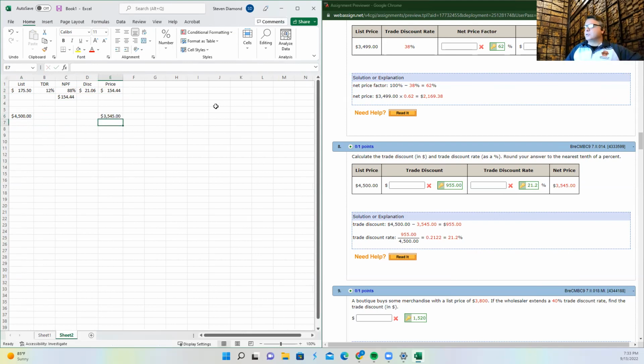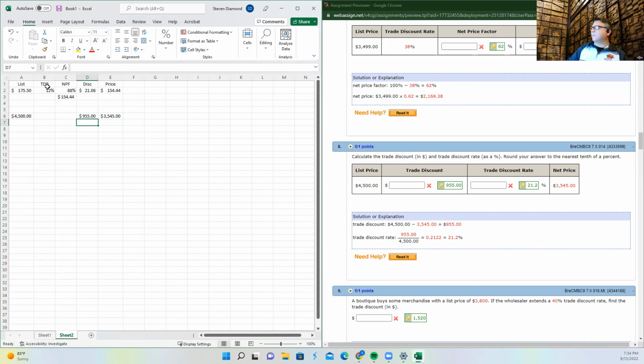So these are our knowns. Now I want to know, what is our trade discount? Well, we know our discount is going to be our list price minus our price, or the cost of it. They may ask for it in different ways.